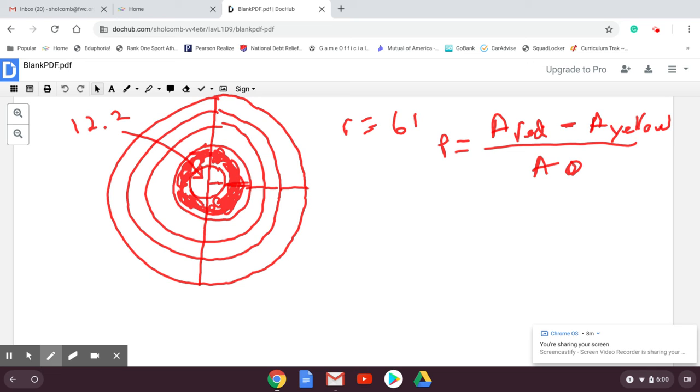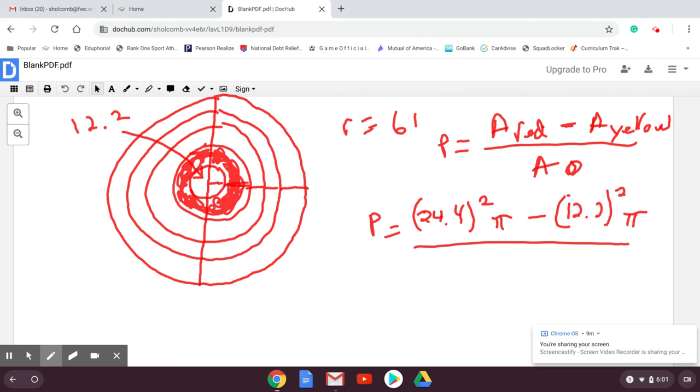Now, the red ring has 2 12.2s. So it's 12.2 times 2, which is 24.4. So this is 24.4 squared pi, because we know that pi r squared is the area calculation, minus 12.2 squared pi over the entire circle, which is 61 for the radius squared pi.